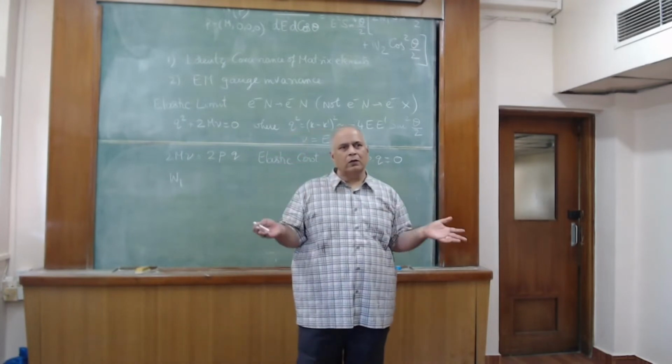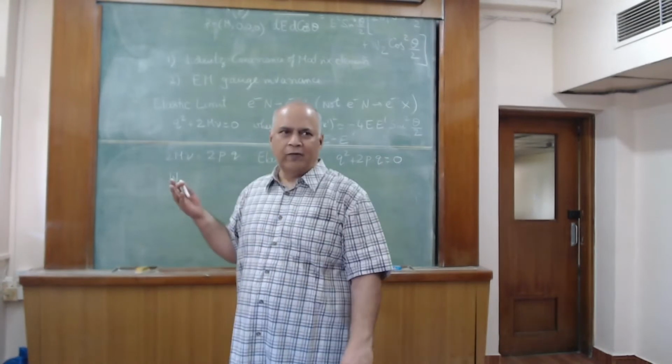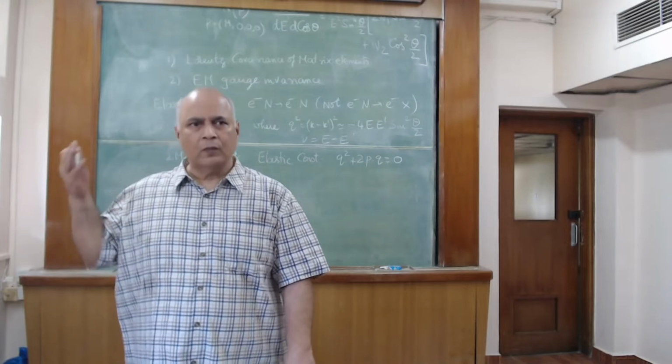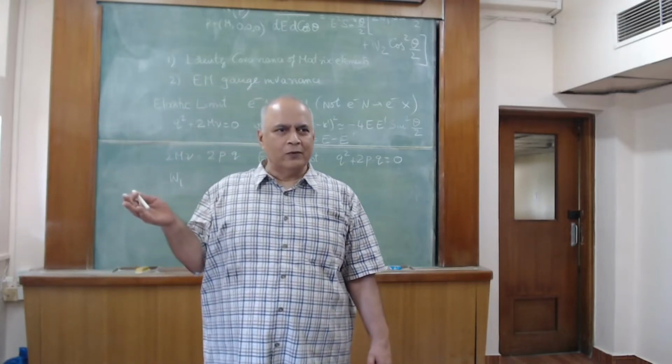Thus, q squared and 2p dot q have the advantage of being Lorentz invariant variables.